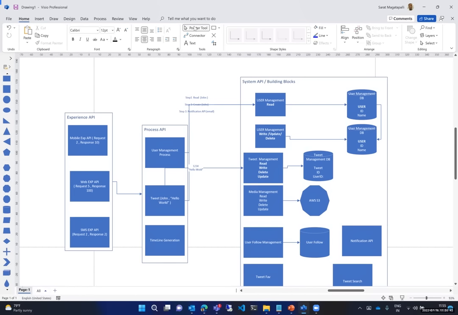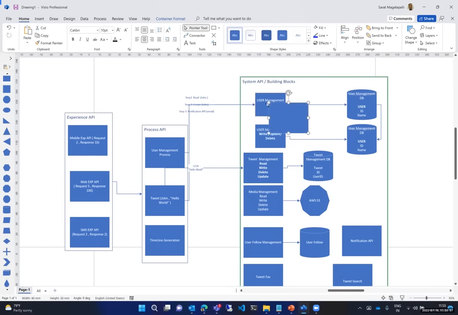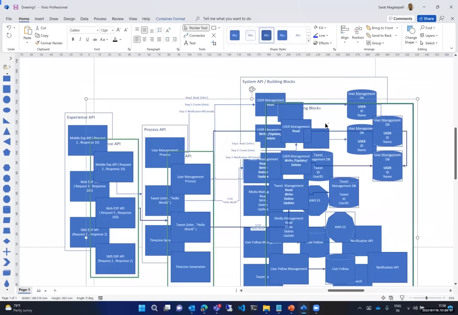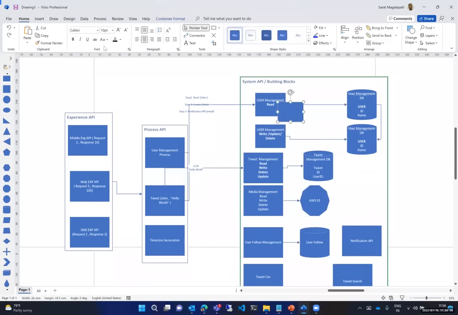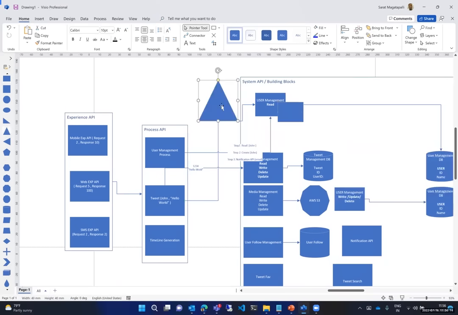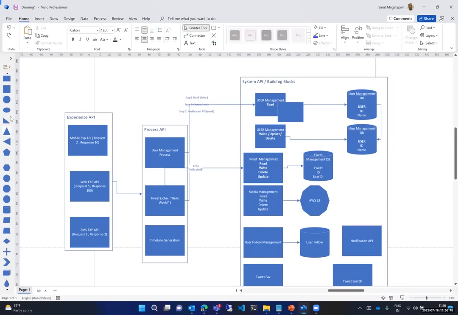Now read is more. I have lots of customers coming to our system to access the tweets, so a lot of read calls. What I'll be doing is scaling this. I'll have n number of read instances. In order to load balance them, I'll have a load balancer at the system API level.